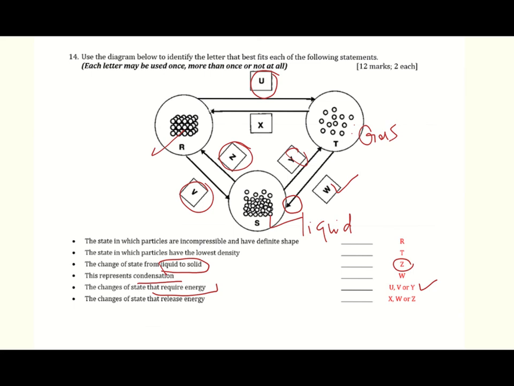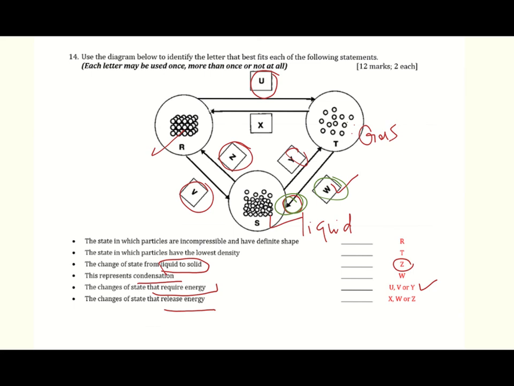Change of state that releases energy. Release energy because you are cooling them down so the particles come closer. So which change of state here shows the particles come closer? I have W. In W the particles come closer, change from gas to liquid and from liquid to solid.